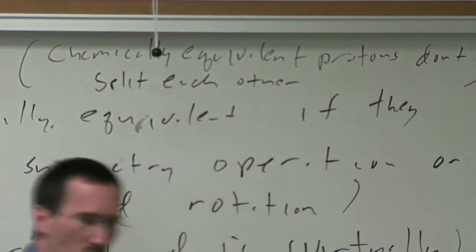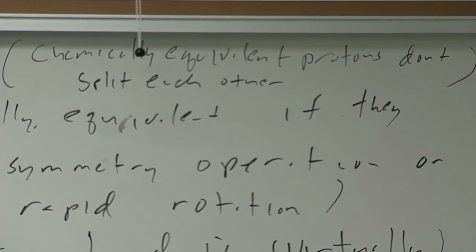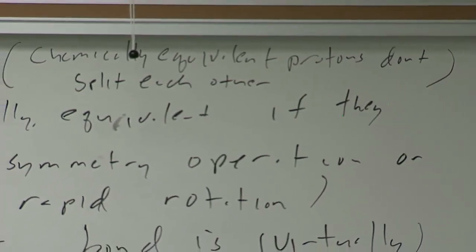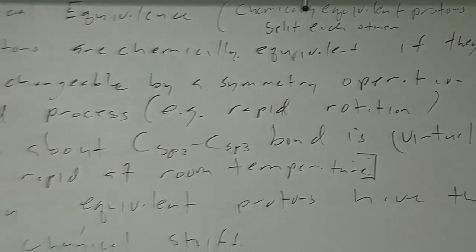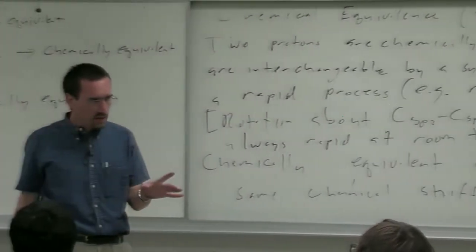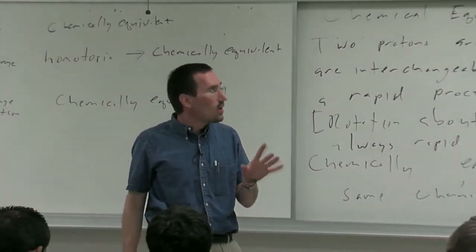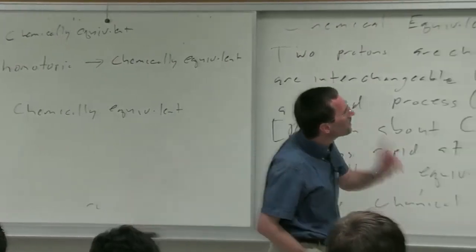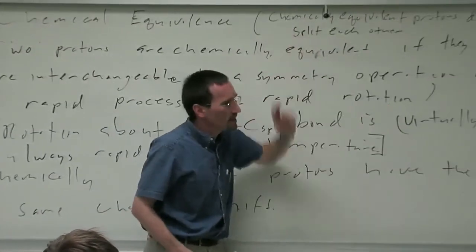Now, later on, we're going to talk about a concept called magnetic equivalence. And what you'll see is that although chemically equivalent protons, well, actually, I'm going to hold off on this statement here.